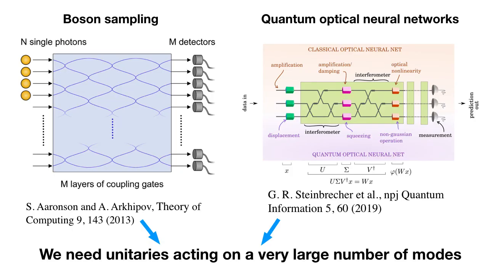But why would we be interested in such a device? There are many applications in which one needs to implement controllable unitaries on a very large number of modes. To give an example, boson sampling. In a seminal paper in 2013, Scott Aaronson showed how to realize quantum supremacy by implementing a random unitary transformation on n photons.